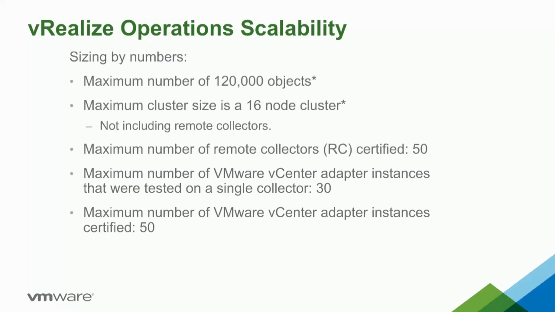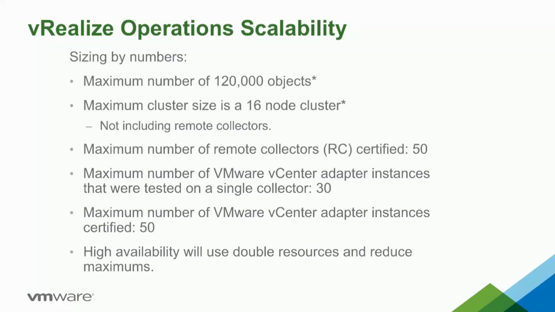So again, you want to keep these in mind as you go through your planning. The other thing is that high availability will double the amount of data that you're storing. So it's going to double the resources and reduce your maximums by half. So you have to keep that in mind if you want to run in an HA mode.